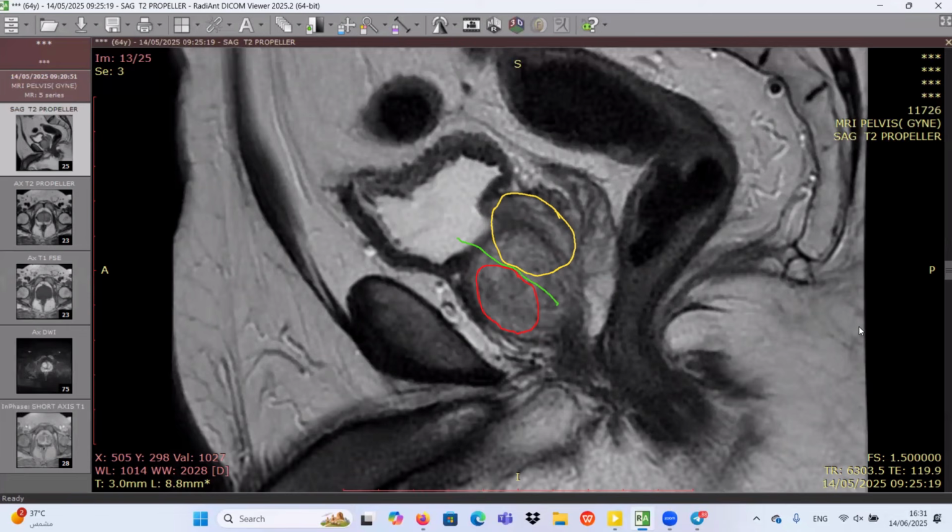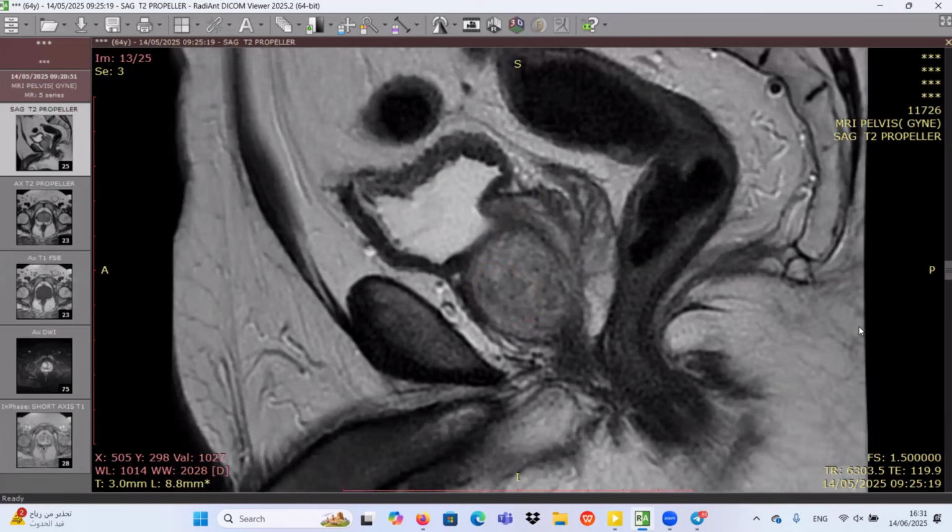Both of these types are called non-balanced or unbalanced benign prostatic hyperplasia. The third type is called balanced prostatic hyperplasia. The hypertrophy of the central zone is more or less equal to the hypertrophy of the transitional zone. This is called the balanced type of benign prostatic hyperplasia.